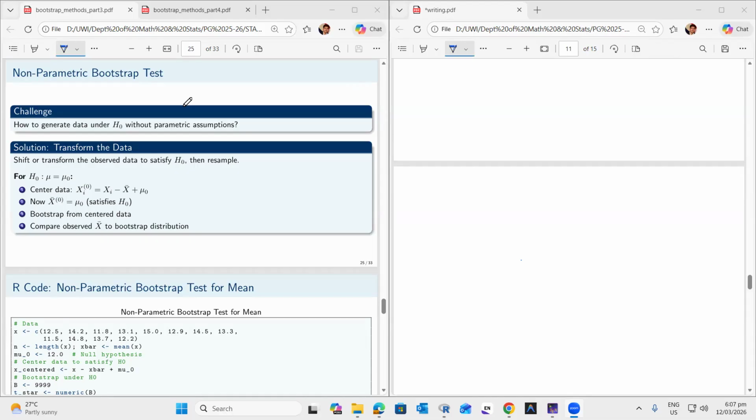All right. So the challenge that we have is how to generate the data under H naught without parametric assumption.